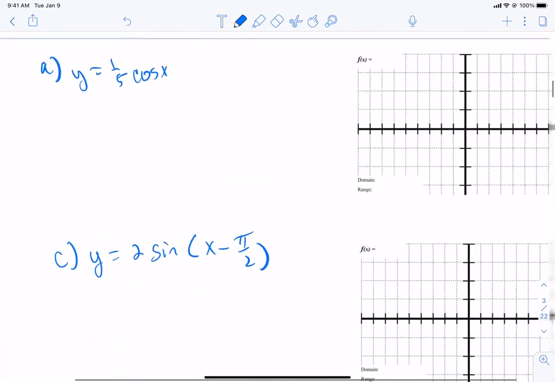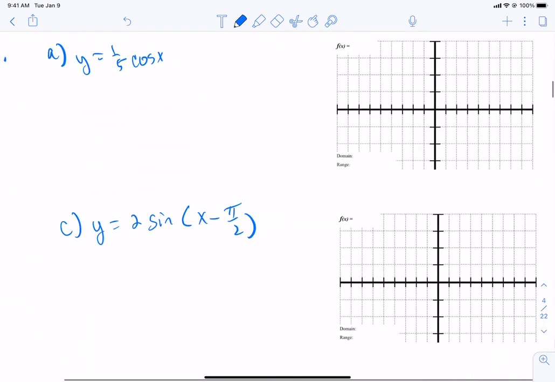So I've made up some graph paper down here below. So remember what you want to do. You first want to think about the 5 points that work for the original.